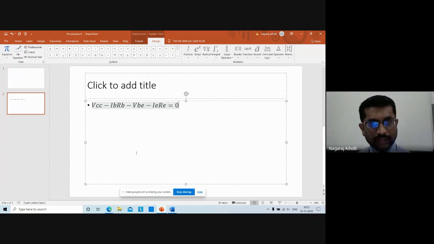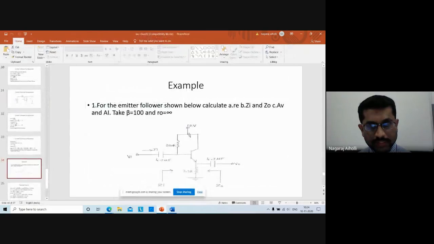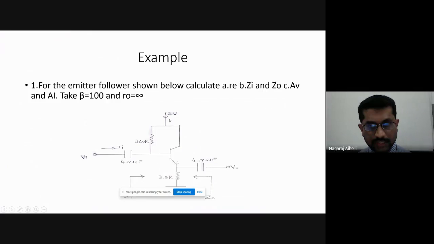Am I right? See the circuit. Apply KVL to the input section of the circuit: VCC minus IB RB minus VBE minus IE RE is equal to 0, with current entering positive and current leaving negative. Correct?